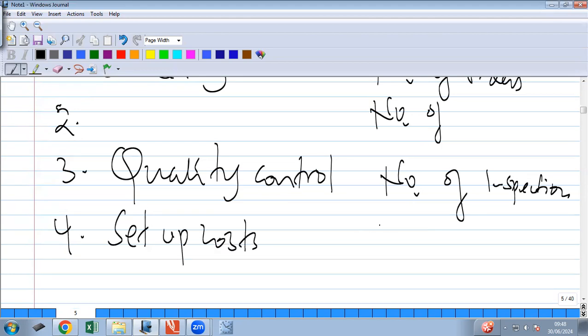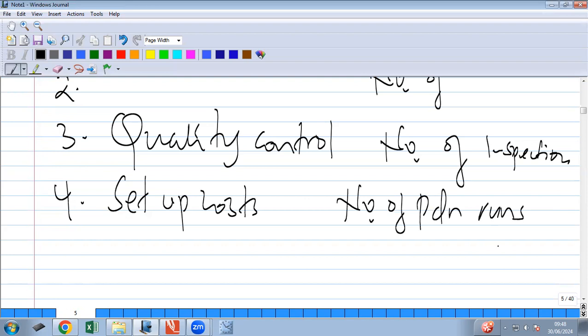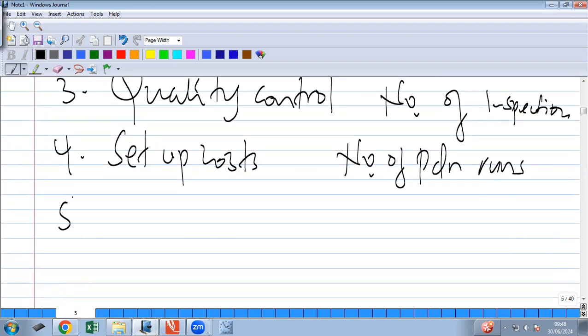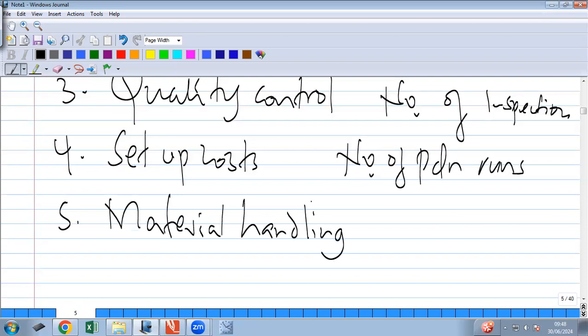Then four, we can have setup costs. And the cost driver, if these are machines, will be the number of production runs. Five, you can have material handling, which can also be the number of production runs.